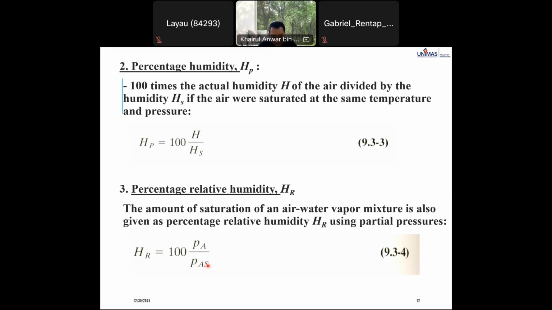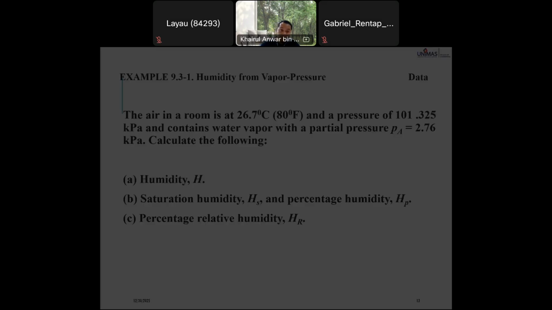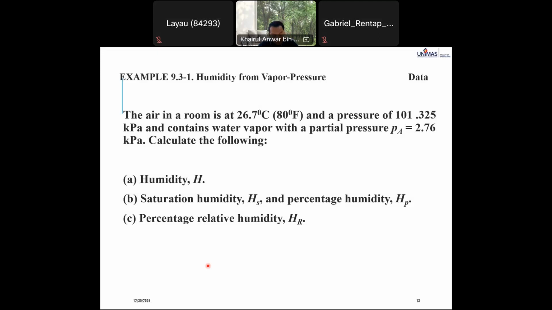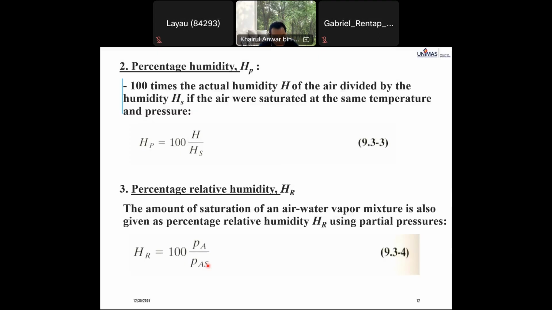So HR equals 100 PA, the partial pressure, divided by the vapor pressure of water. HR is not equal to HP. HP is percentage humidity, HR is relative humidity, although both are percentages. HP is based on humidity, while HR is based on partial pressure.